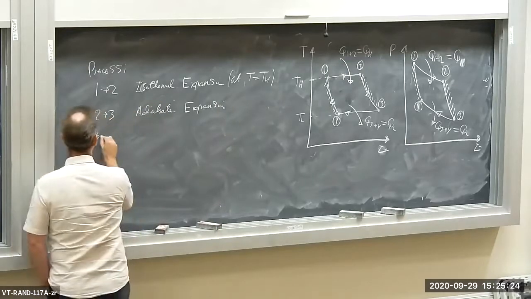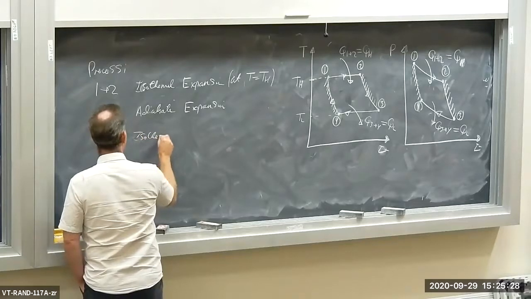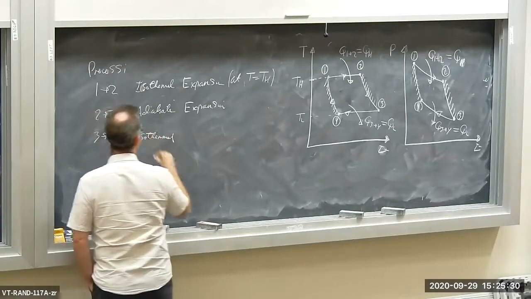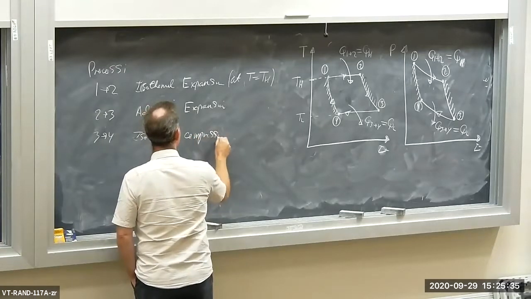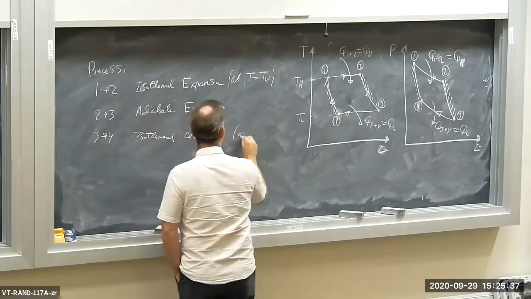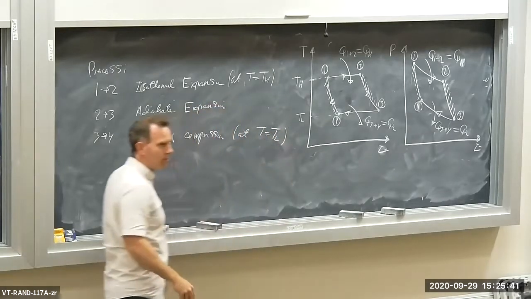Process 3 to 4, isothermal compression at temperature equals T low, the low temperature reservoir temperature.